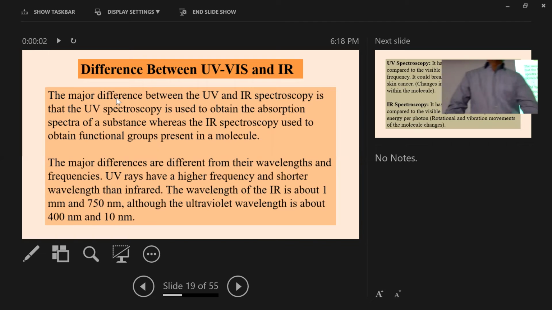So, when you said that IR has a stronger wavelength than UV, a longer wavelength, not a stronger one. Yeah, that is in terms of energy. Same thing, that is also already mentioned.